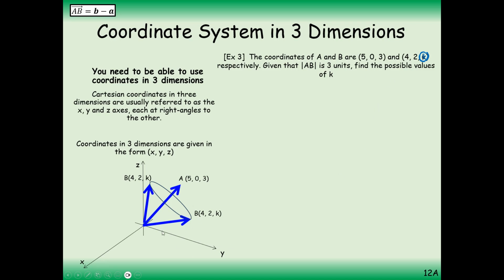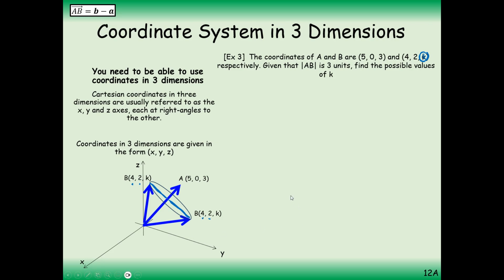So on this three-dimensional sketch, which is by no means accurate, it's just showing you that there is more than one possibility where the length from A to B is equidistant. So this disk here is showing you an equidistance where only the dimension z is changed. Because we have to fix dimensions x and y, there are only two possible values.